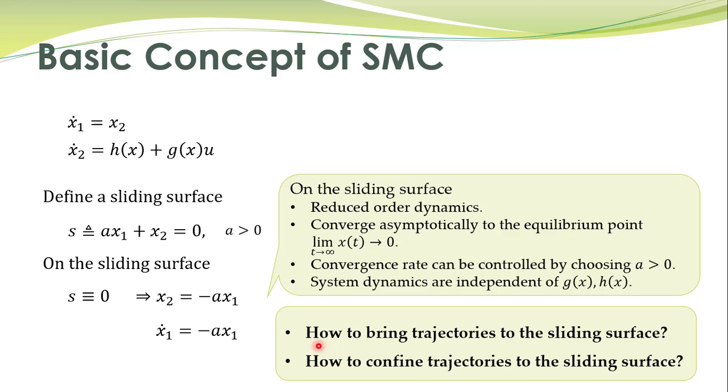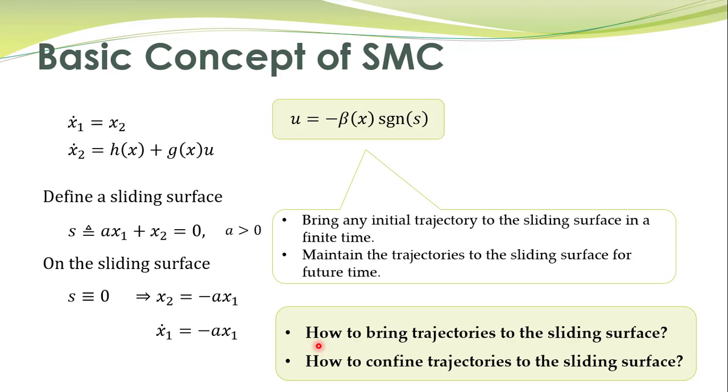So the answer to these two questions, both of the questions, is over here, if we use this control law, this will bring any initial trajectory to the sliding surface in a finite time, and it will furthermore maintain the trajectories on the sliding surface. So once the trajectories are maintained on the sliding surface, then we have seen that the system dynamics will asymptotically converge to the equilibrium point, that is our objective.